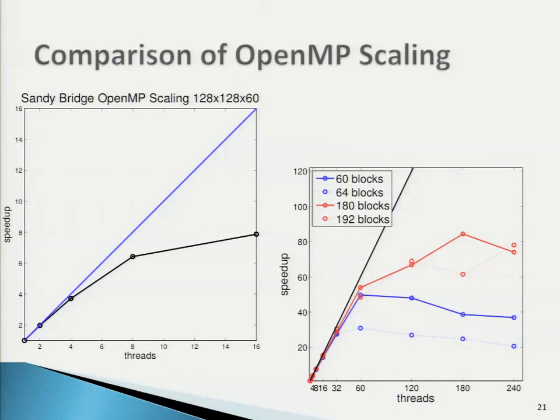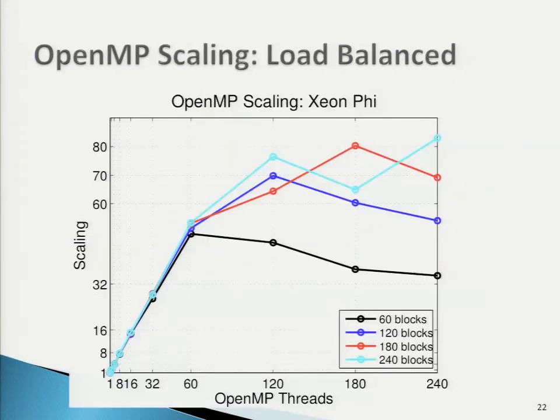But I mean, compared to the Sandy Bridge, the KNC does tend to get better scaling as you add more threads. This is 2 threads per core.